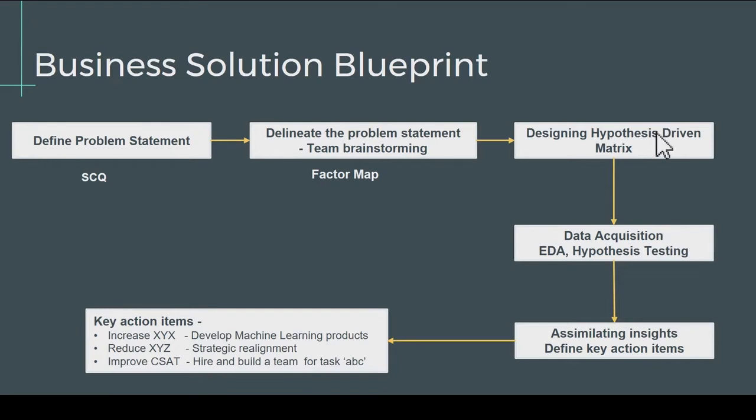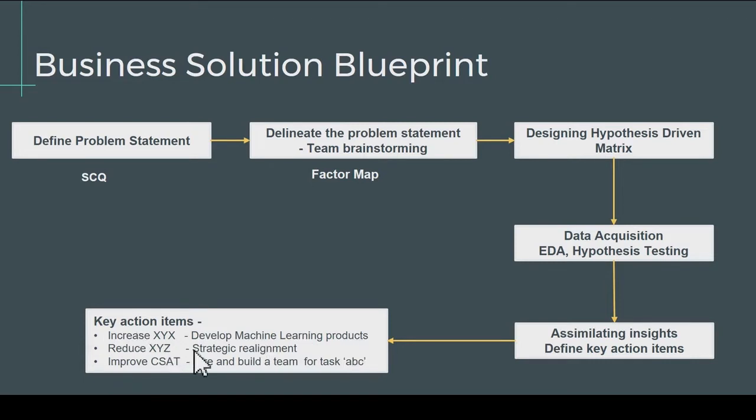Now, when you have all the answers for all the questions that you have asked, the next step would be assimilating all the insights and defining key action items. Once you have all the insights neatly aligned together, you would define: okay, fine, with this current scenario and these factors impacting the problem in such a way, we understand that the key action items would be first to increase something, which would eventually lead to, okay, develop a machine learning product for that, or reduce a problem's impact.